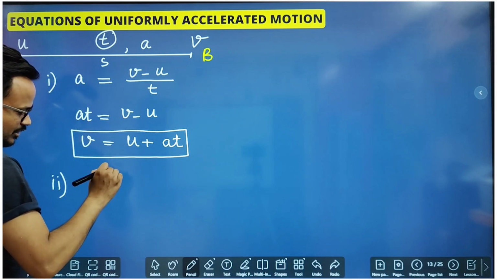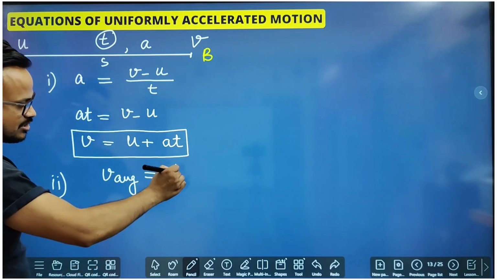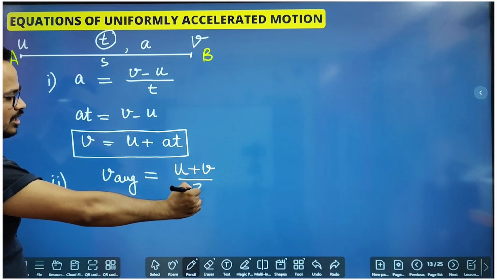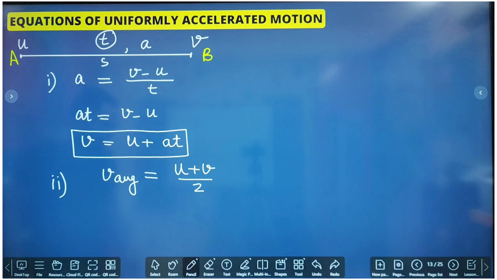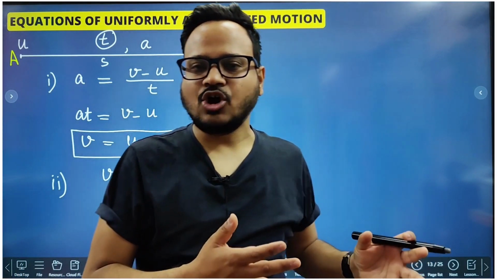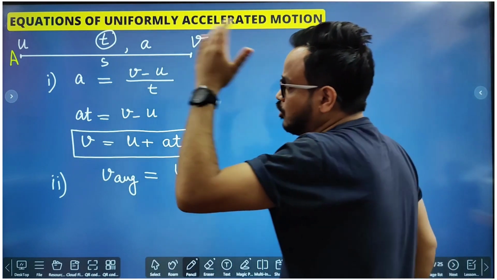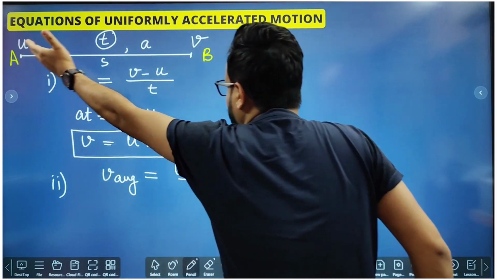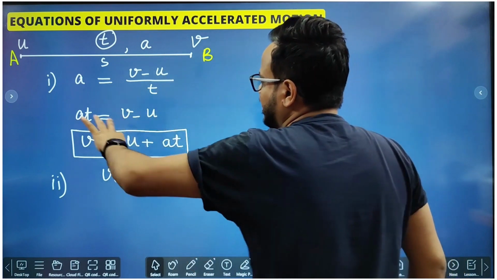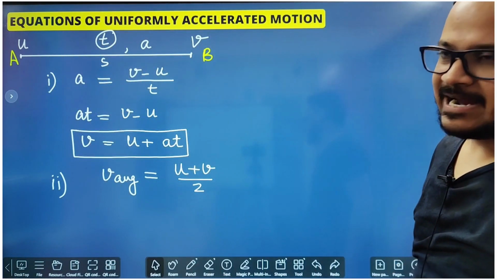Second equation starts with the formula of v average that we have to discuss first. v average is u plus v divided by 2. In stats, if the numbers are increasing in a fixed order uniformly, we know that the velocity is increasing at a fixed rate a. So the value of velocity is increasing at a uniform rate from u to v, right?